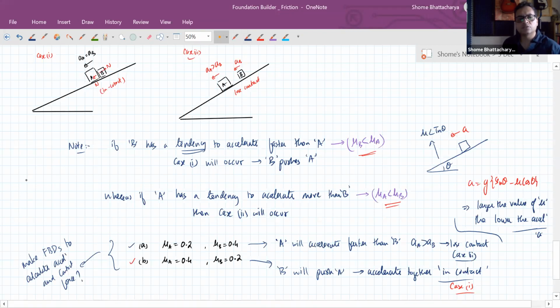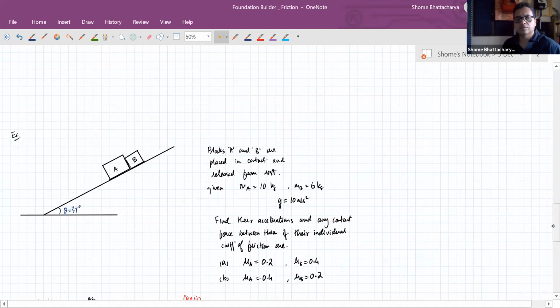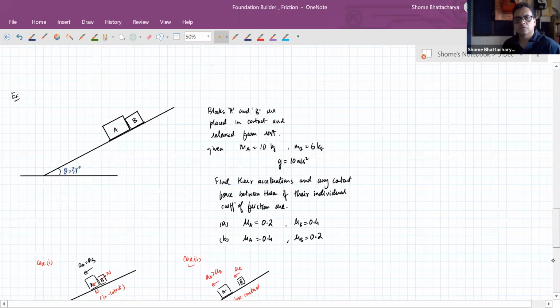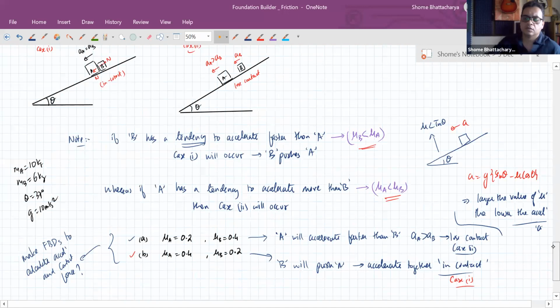So remember the mass of A was given to us as 10 kg and the mass of B as 6 kg. The angle of inclination was 37 degrees. Take g as 10 meters per second square. So use all this data along with the values given.